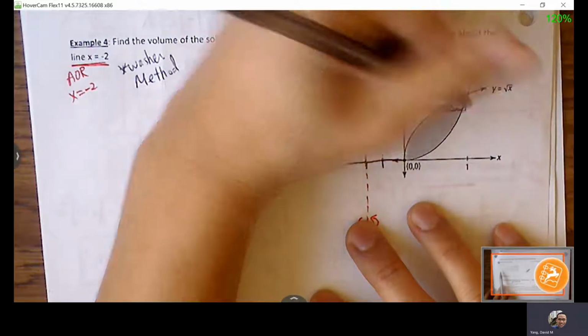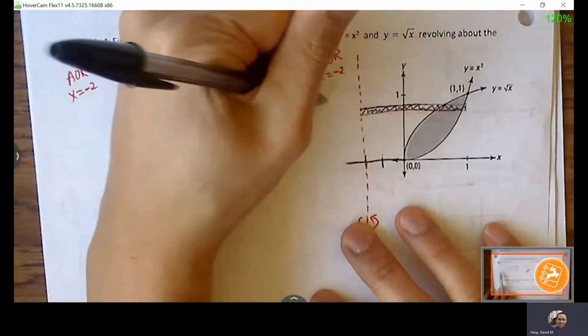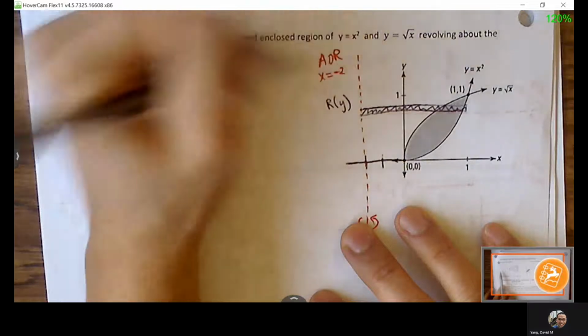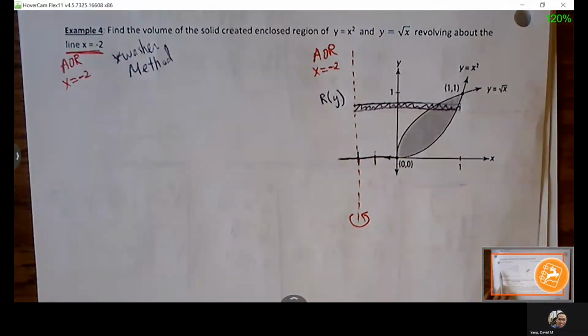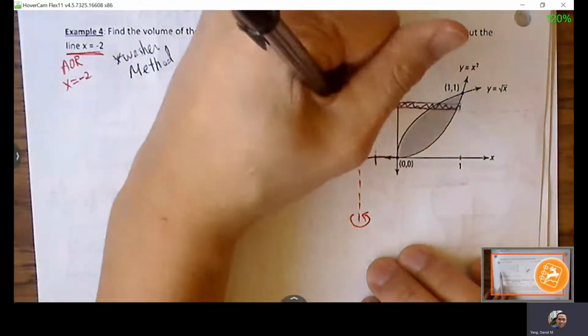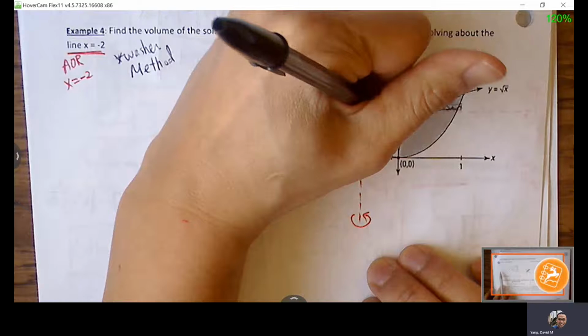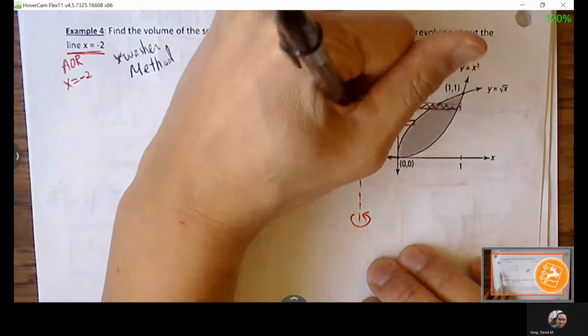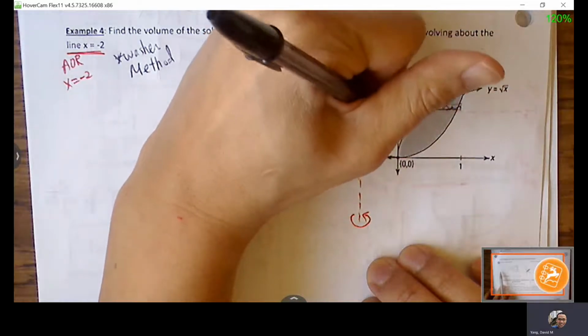Call that big R. Now put your pen or pencil on the axis of revolution, extend to the closer of the two boundaries, and call that little r.